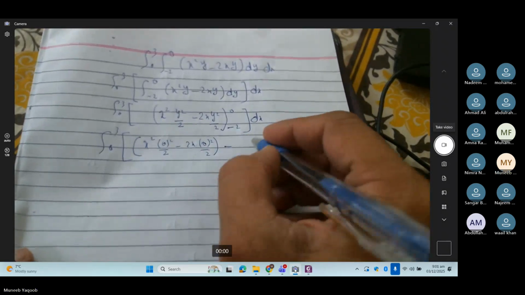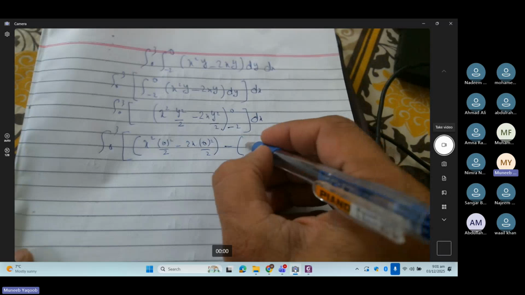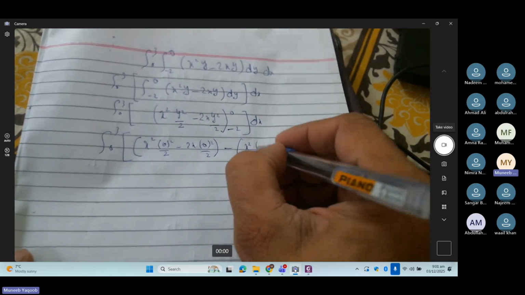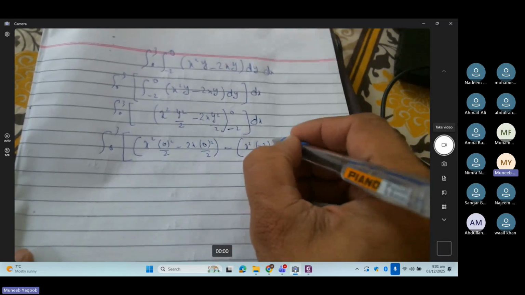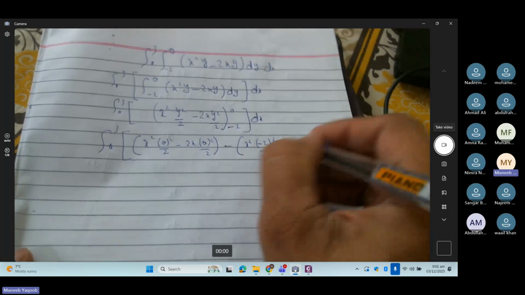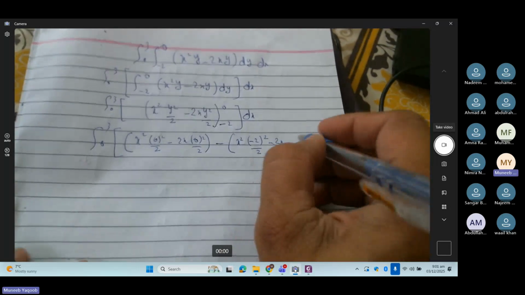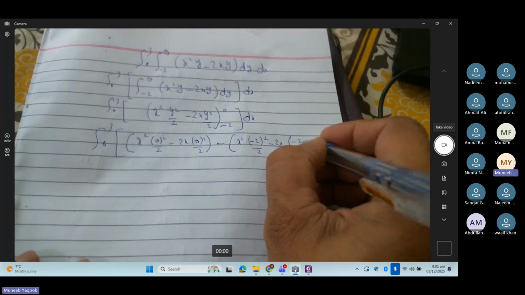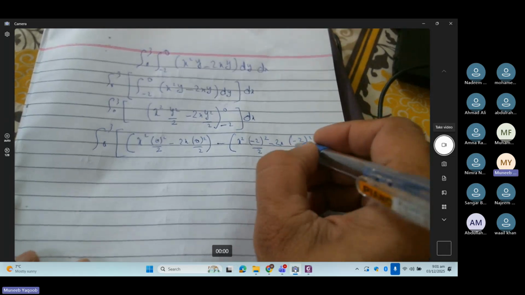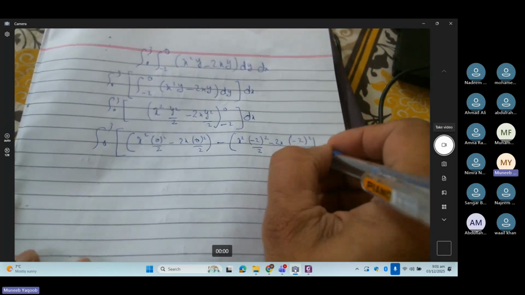Minus, for the lower limit, x square into minus 2 whole square upon 2 minus 2x into minus 2 whole square upon 2.